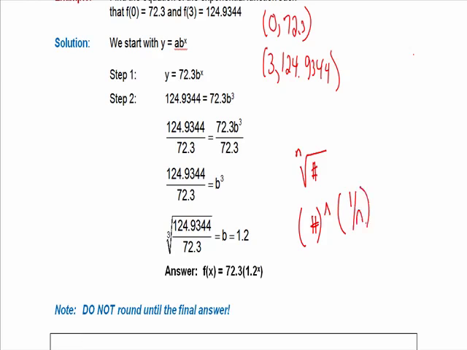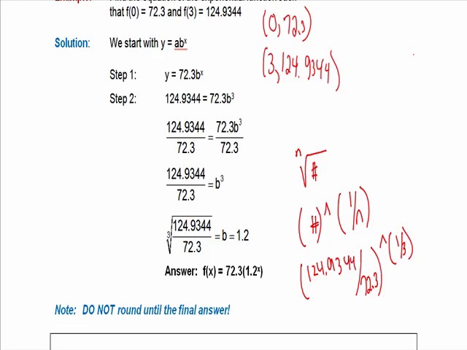So if I had wanted to do this without finding the cube root button, I could have done 124.9344 divided by 72.3, all in parentheses, raised to the 1 over 3 power. And that's actually the way I do the computation.